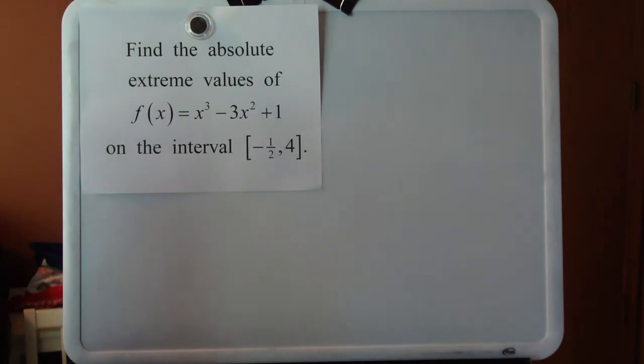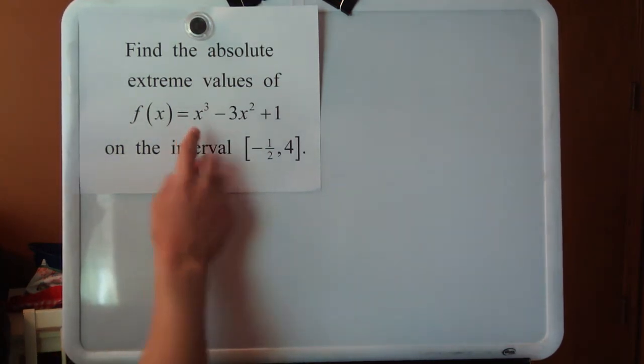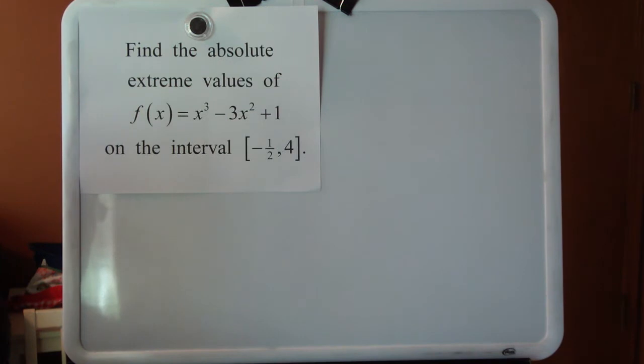So when you come back and think of the extreme value theorem, remember that that theorem guarantees that you're going to have a high point and a low point as long as you have a continuous function on a closed interval, -1/2 to 4 in this case. So the basic idea is we're going to find the critical numbers here and assemble them all, and then just check them on a table to see if we have found the high point and the low point.